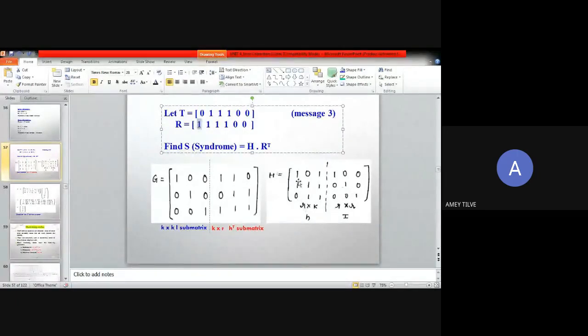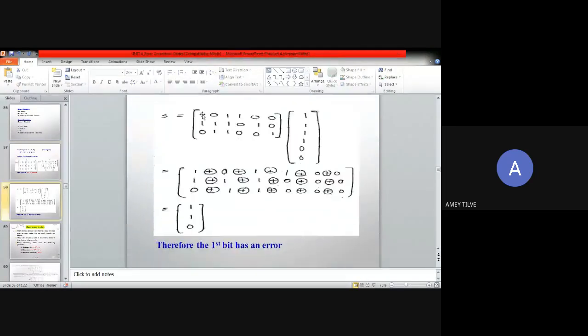This whole H is nothing but your actual message. There was a first bit error. To find out the error syndrome, we did H into R transpose. After finding H into R transpose, the answer that we get is 110. We just have to compare this answer with the actual H.